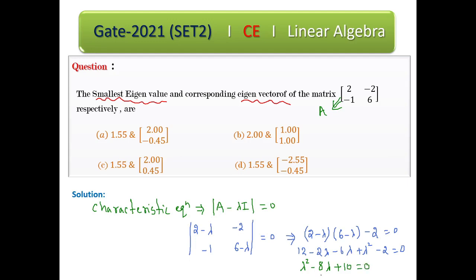Let us solve this quadratic equation: lambda square minus 8 lambda plus 10 is equal to 0. Therefore here a is 1, b is minus 8 and c is 10.